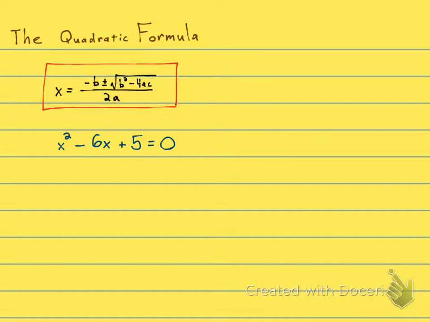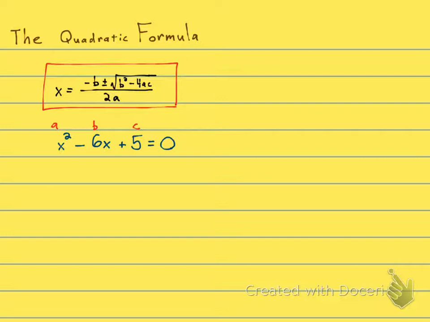So how do I find the numbers to plug in? Well, if you look at this example right here, this is a quadratic equation. And just like we did with AC, we're going to label A, B, and C. We're going to label the coefficients.